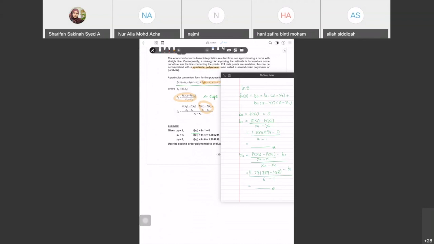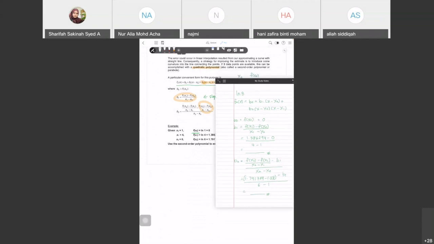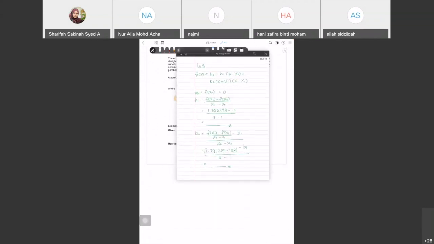Then you can just put them into your equation, f2(x) equals b0 plus b1(x minus x0) plus b2(x minus x0)(x minus x1), multiplied out.